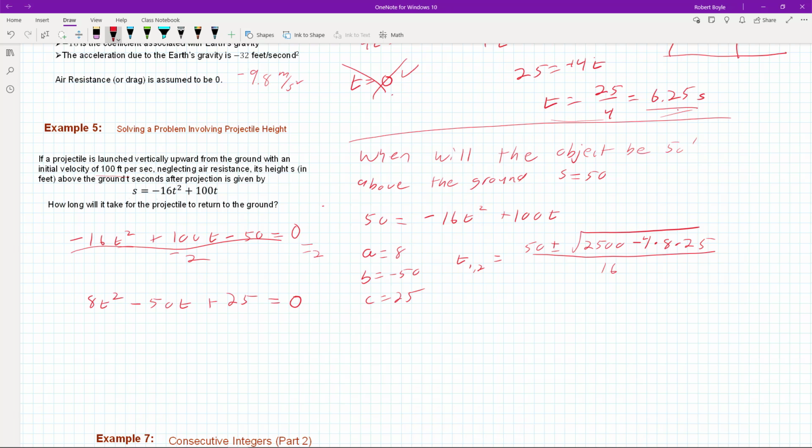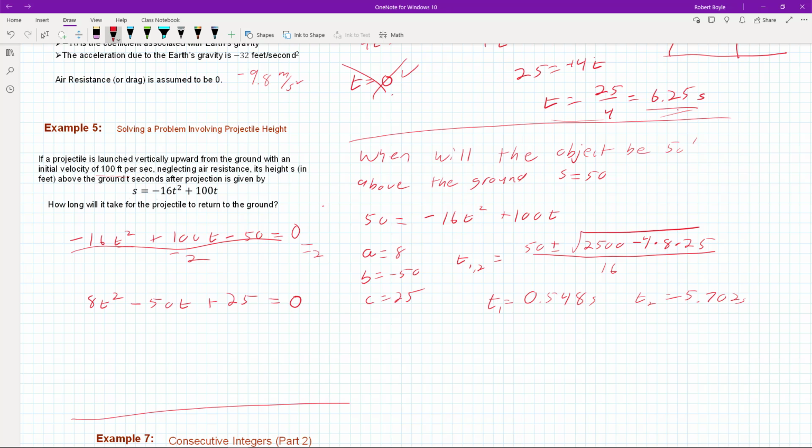Now, if you solve this, and I'm sorry, I'm not going to do this for you, you will get two solutions. The first solution will be that t is equal to 0.548 seconds, and that would be t1, and t2 would be equal to 5.702 seconds.